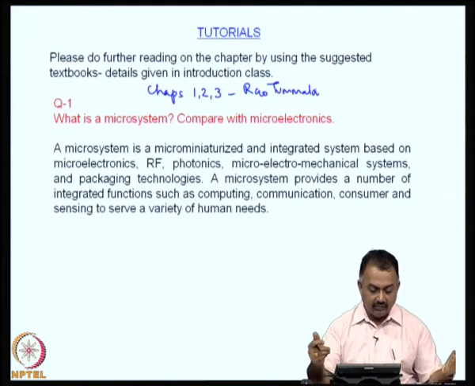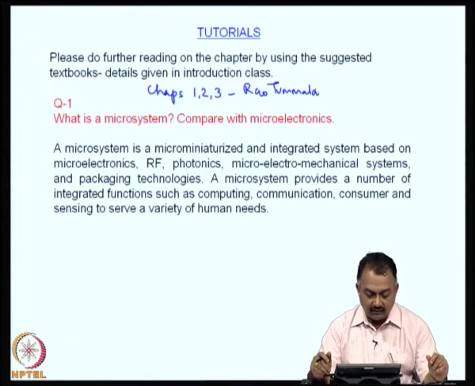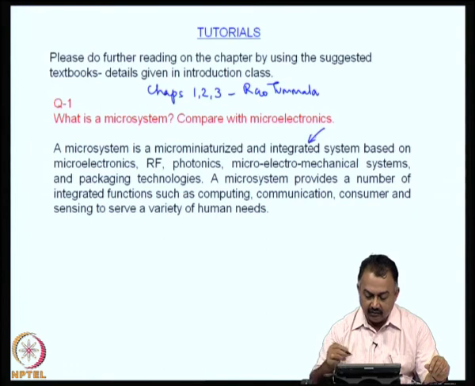A microsystem is a micro miniaturized and integrated system based on microelectronics, RF, photonics, microelectromechanical systems and packaging technologies. So, the word integration comes here, it has to be integrated.